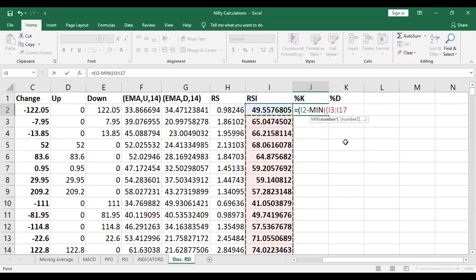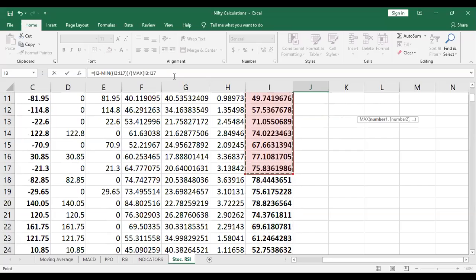Then we take the 14 numbers, then divide by the maximum of the same period minus the minimum of the same period.